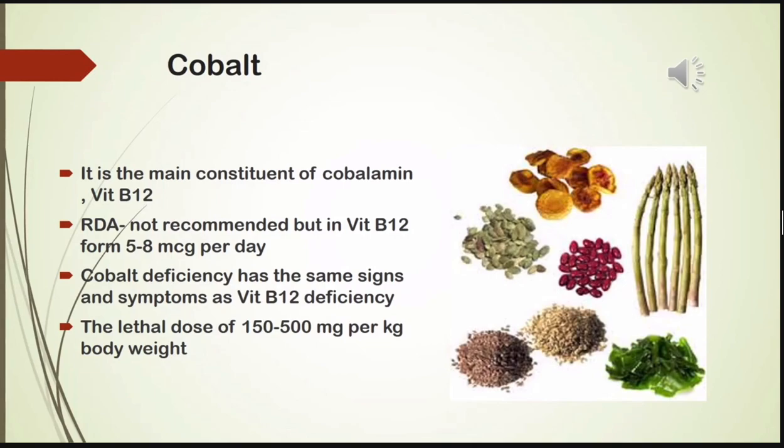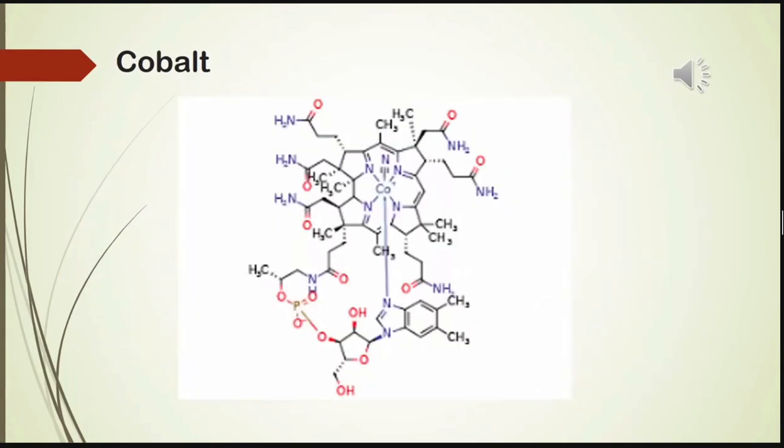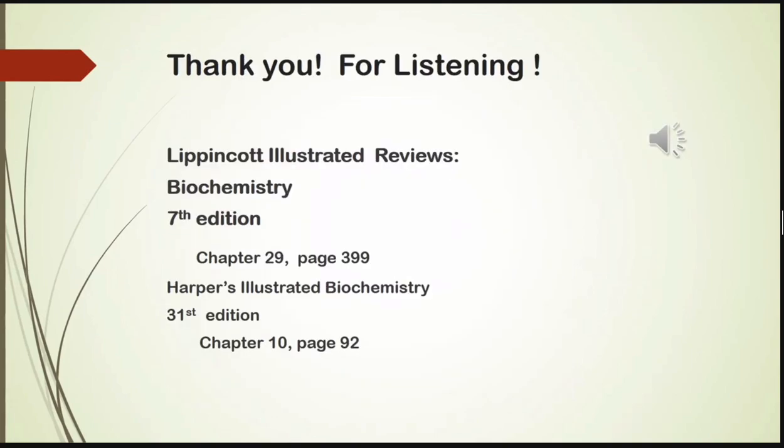The lethal dose of cobalt is around 150 to 500 milligrams per kilogram body weight. This is a diagram of cyanocobalamin with the cobalt mineral at its center. Much of the discussion for cobalt will also coincide with the discussion of vitamin B12. Thank you for listening to this lecture.